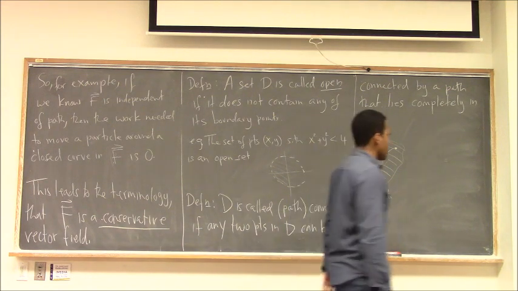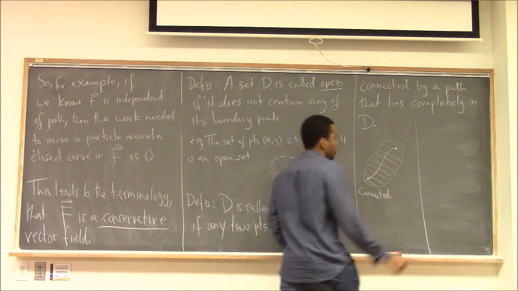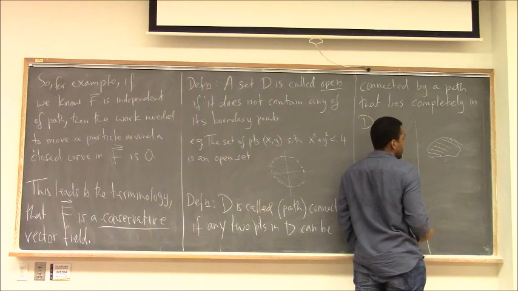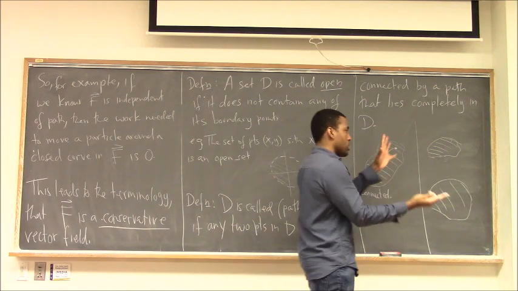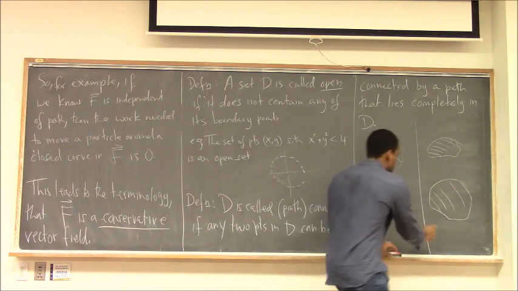I can look at another example where I think of a set as a union of 2 groups of sets. So let's say here I have some set hovering over here, and I have some other set hovering over here, and then I take the union of them and consider both of these sets together to be one thing. It turns out this is not connected.